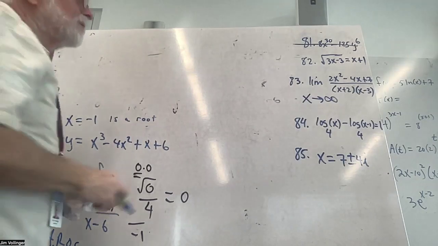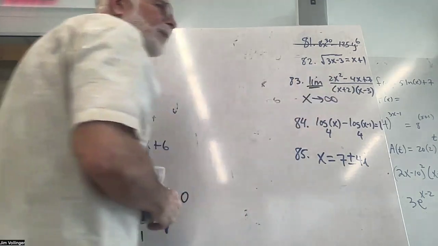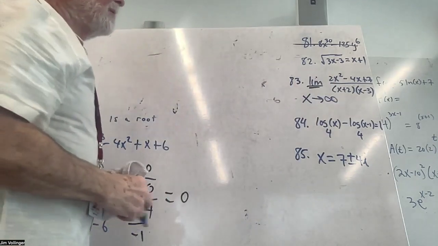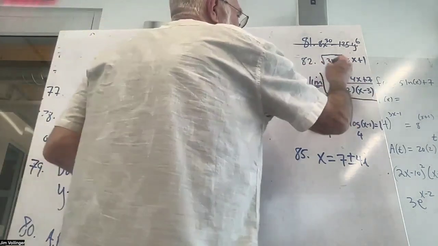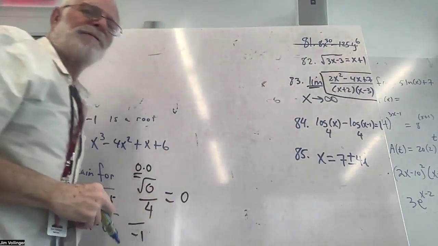So, number 83. I'm introducing the term limit if this is the calculation we're looking at right there, right? I want to know when I put a really big number in, if there's a trend.